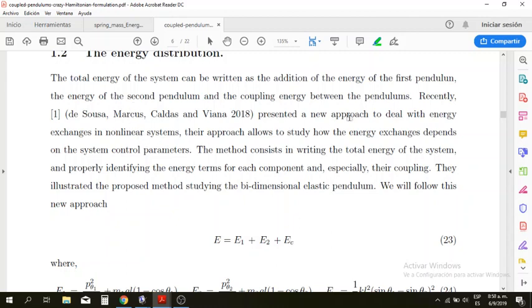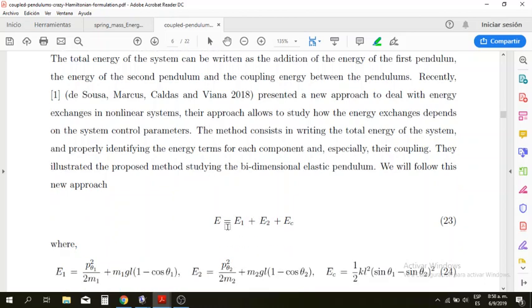Just recently I read a paper by Sousa, Marcus, Caldas, and Viana, and they presented this new approach in which they consider the changes in energy in a nonlinear system. The approach basically consists of describing the system in terms of the energy of each component and the coupling. And the very important point is the coupling.